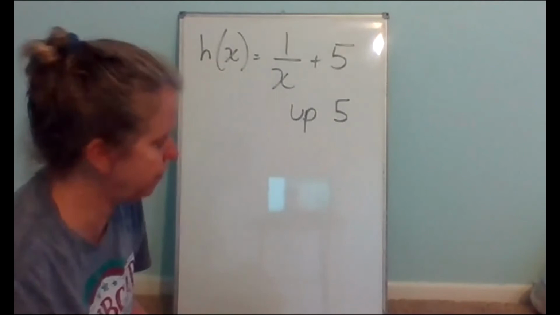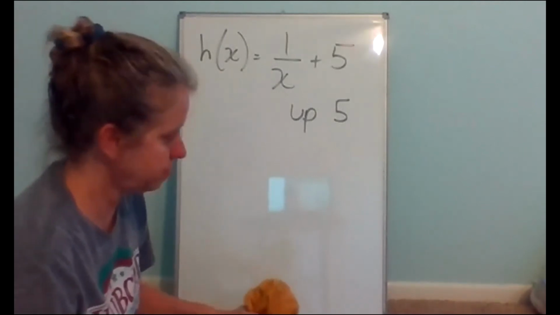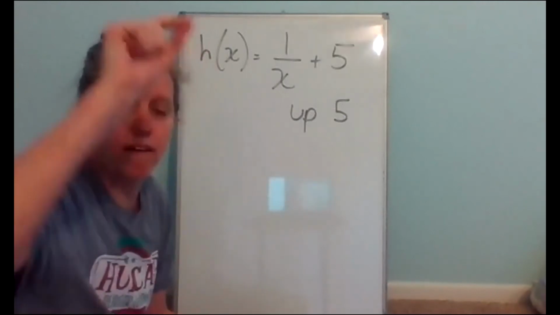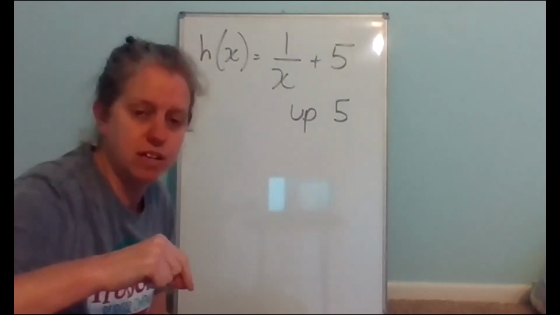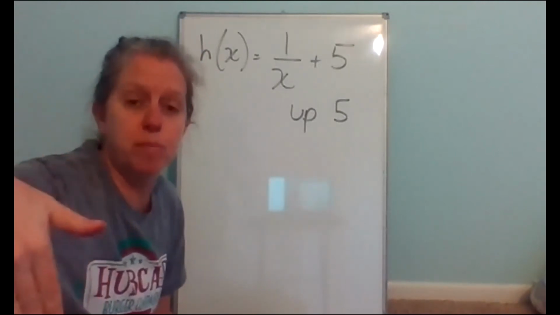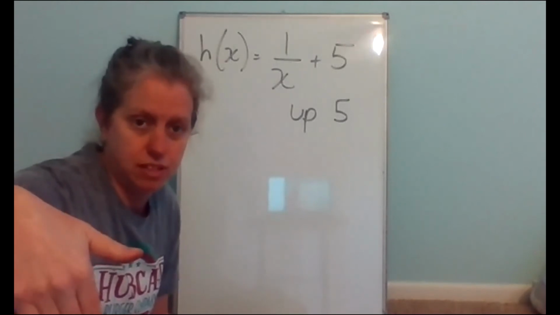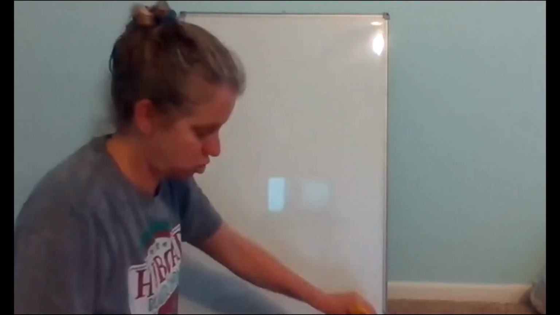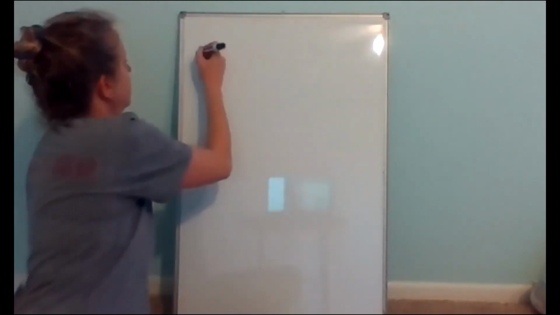Okay, before we do number 4, so we've talked about horizontal shifting left and right. We've talked about vertical shifting up and down. Sometimes graphs are flipped upside down. And we've seen this before, right? We've seen it with an x squared graph.